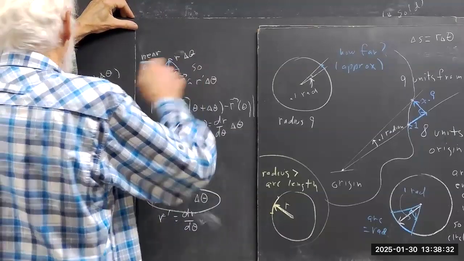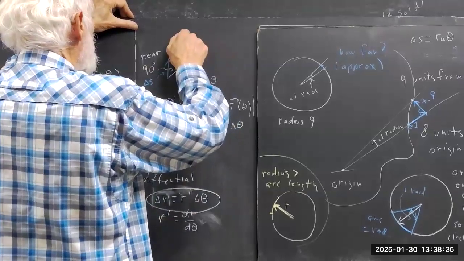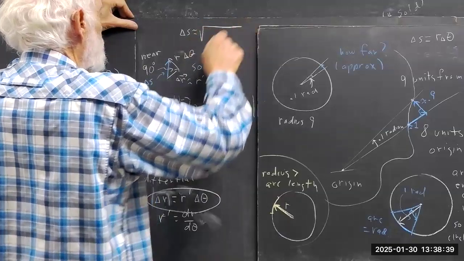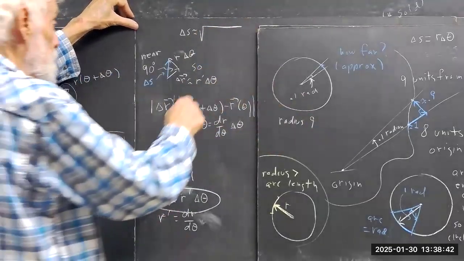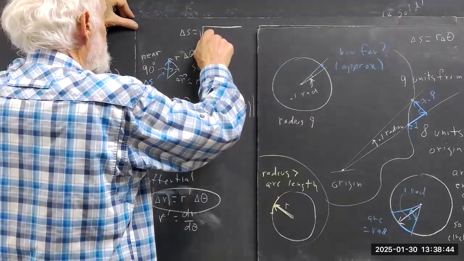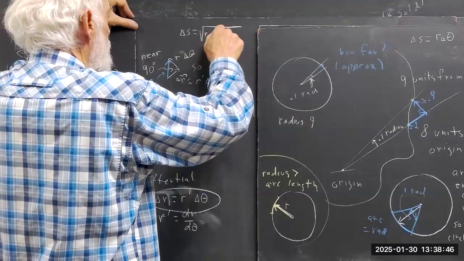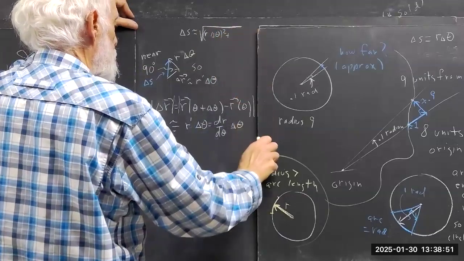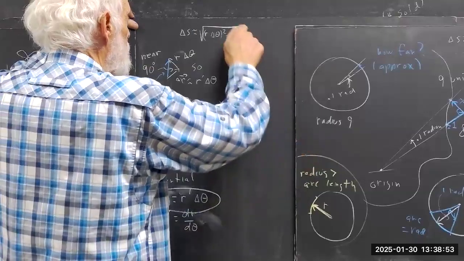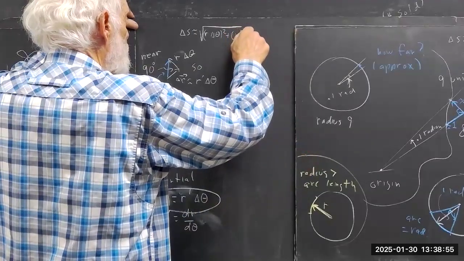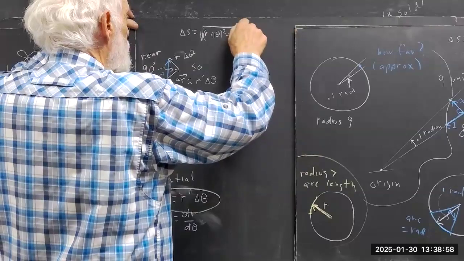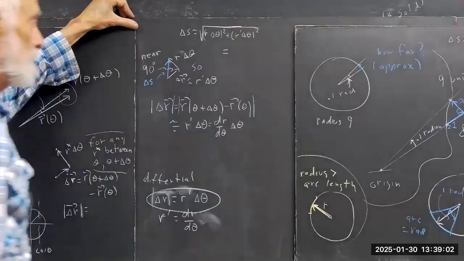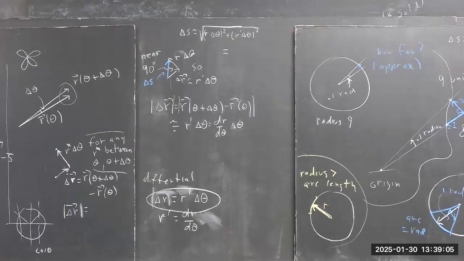So what is delta S? Pythagorean theorem, which I've seen in some of your work already, is this.